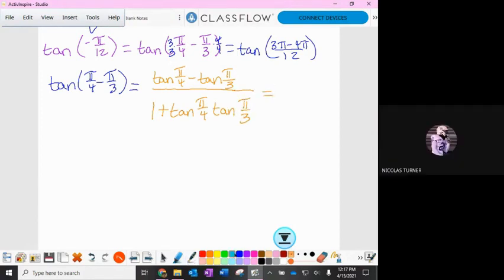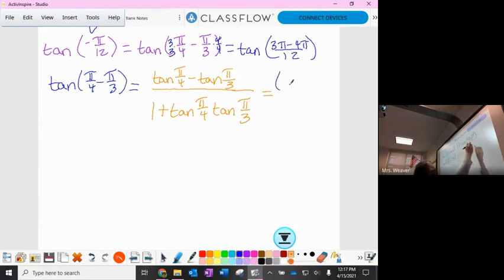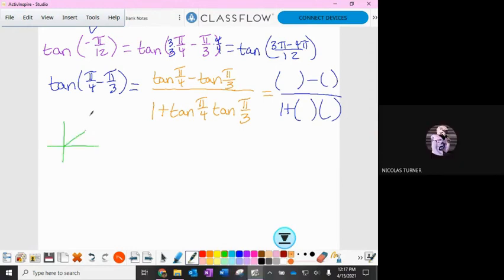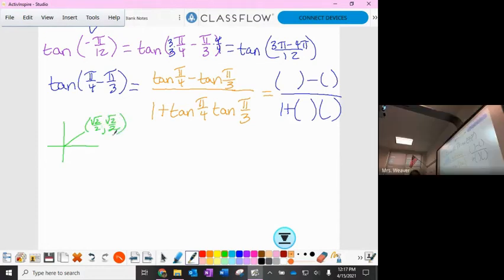Then that's just tangent minus tangent over 1 plus tangent times tangent. What did you get for your tangent of pi over 4? I'm looking at my work from yesterday. That's okay. Let's just work it together right now.